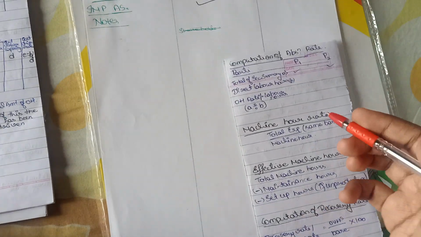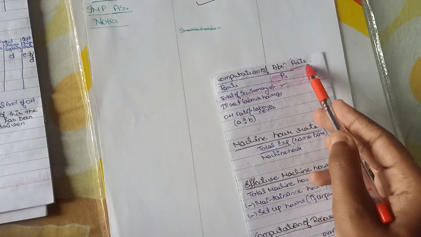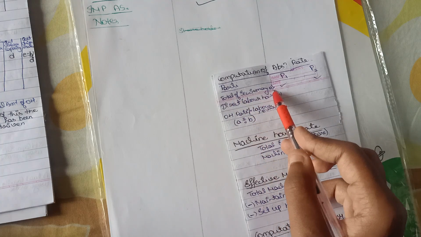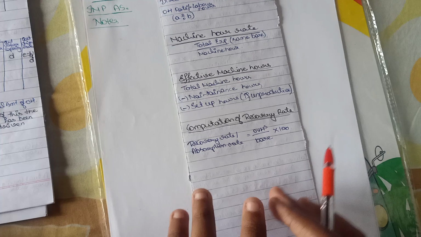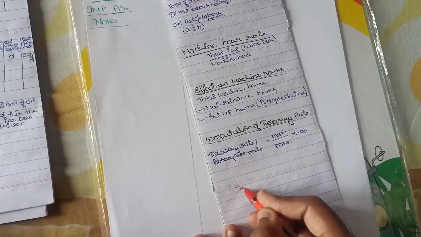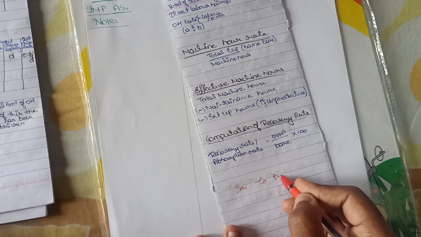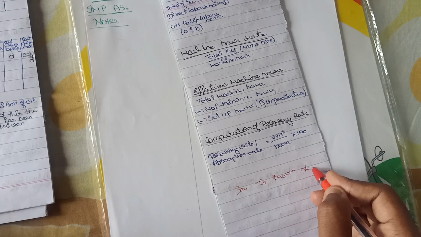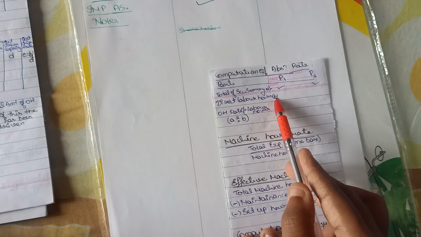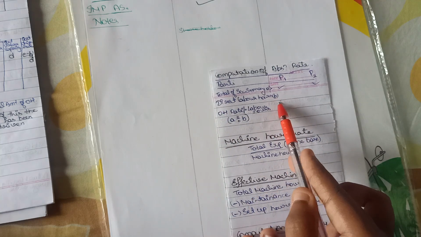Next is computation of absorption rate. We take the total of secondary summary, that we got after apportioning the service to production departments. We have to take that amount. Direct labor hours, we have to take the hours.